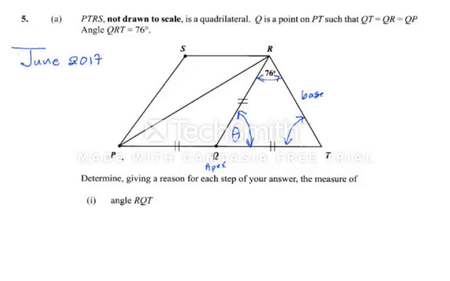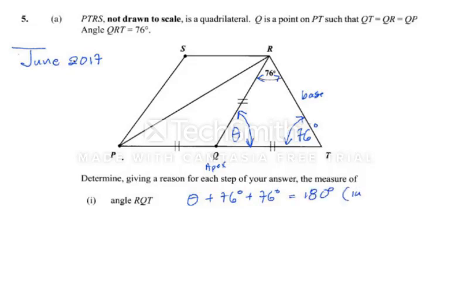So if the angle up here is 76 degrees, it means that the angle at Q is also 76 degrees. All right, now the three interior angles of a triangle add up to 180. So theta plus 76 plus 76 is equal to 180 degrees.